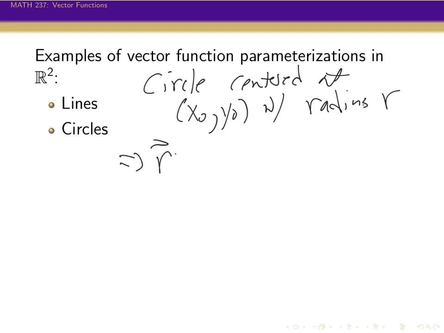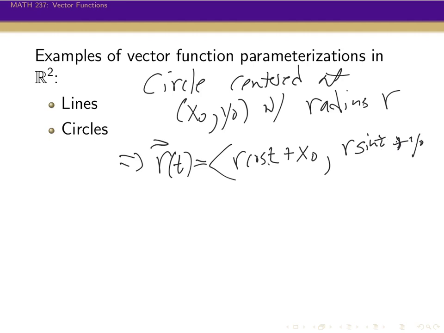Well, the vector function for that, following the same thing we did before, is going to be r cosine of t plus x naught, r sine of t plus y naught. I should be using t's, even though t is talking about an angle here. That's going to give me my parameterization.